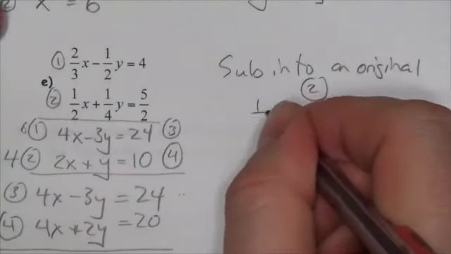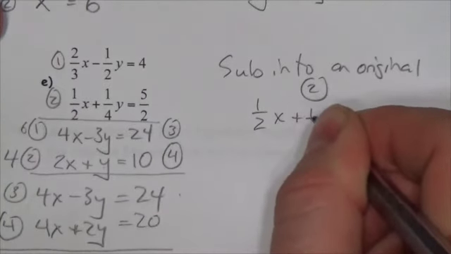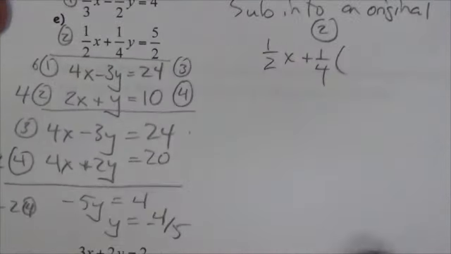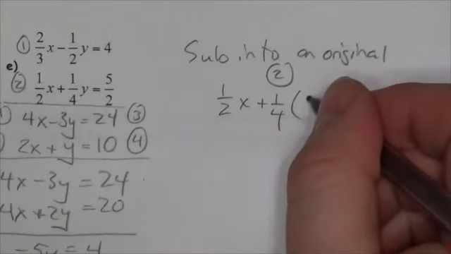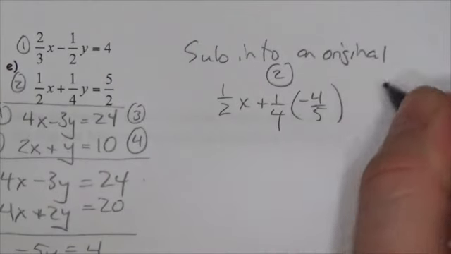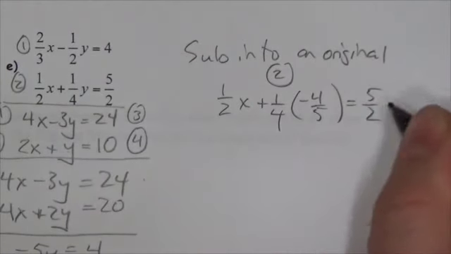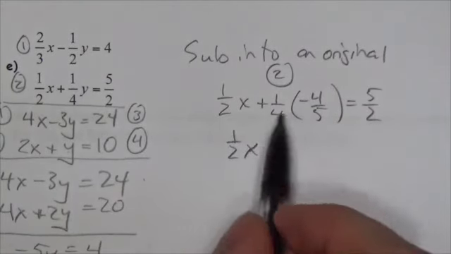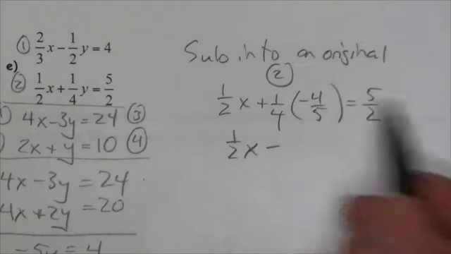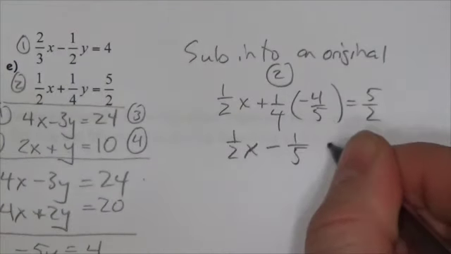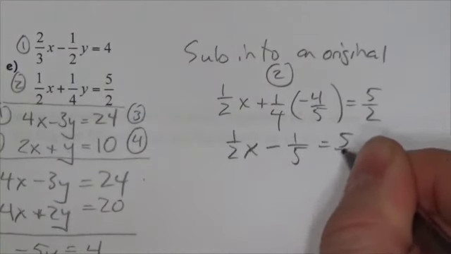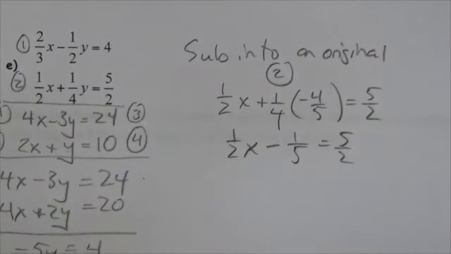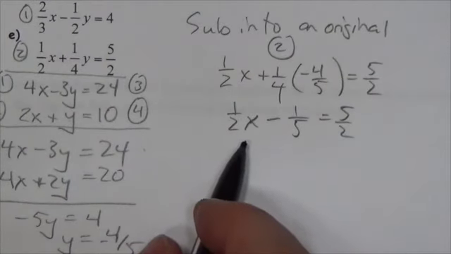So this will be 1/2 x plus 1/4, and now the y coordinate that I got was this negative 4/5. So negative 4/5 is equal to 5/2. So 1/2 x minus, because it's a positive times a negative. Well, the 4's will cancel, but that doesn't eliminate the fact that I've still got a fraction. Still got a fraction in there.